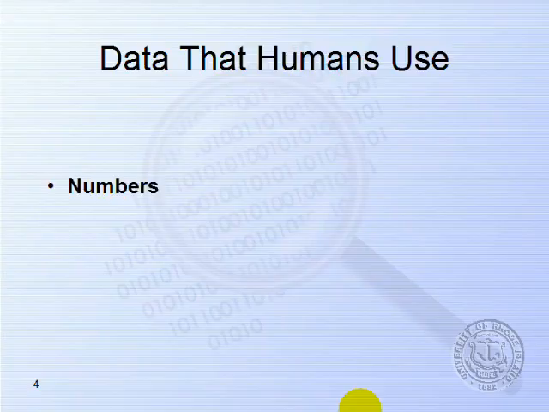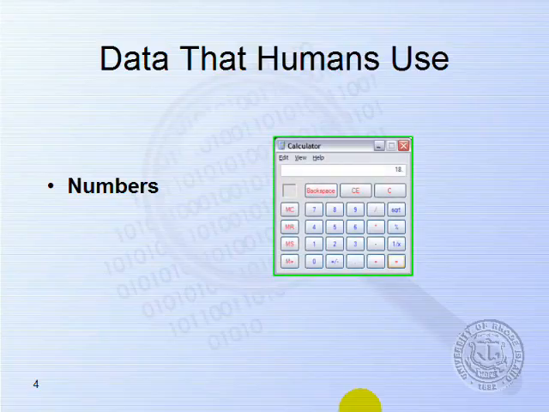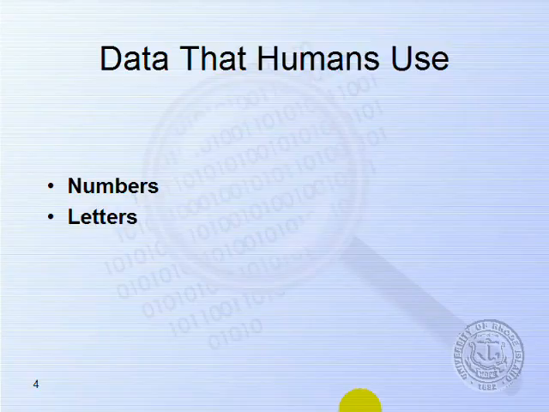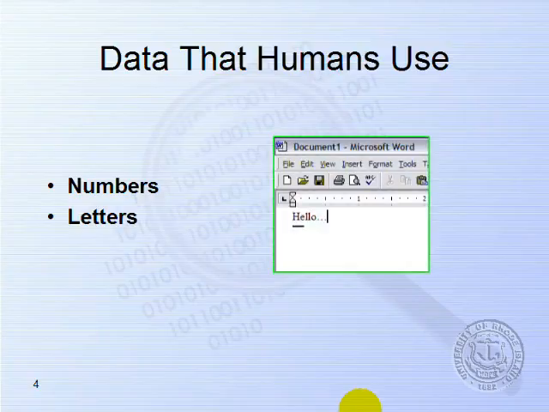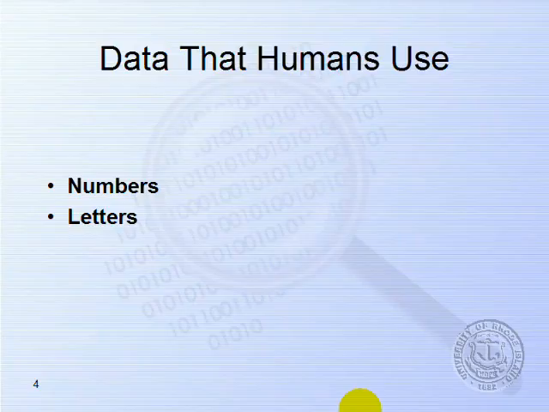One kind of data is numbers. So you might use the computer's calculator, or you might run a spreadsheet where the data that the computer works with is actually numbers. Another type is letters. You're typing an email message, an instant message, you're writing a paper in Word, you're working with characters or letters as your form of data.